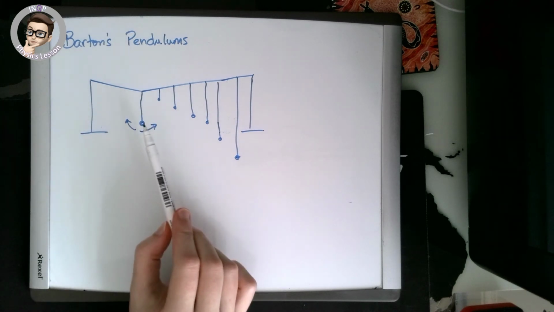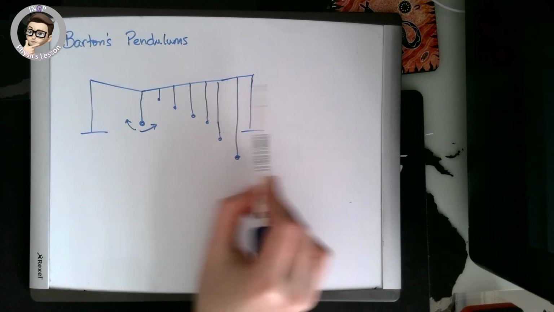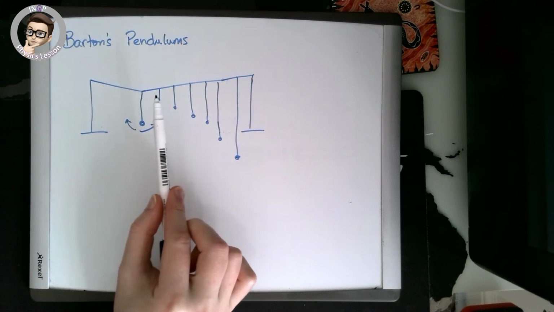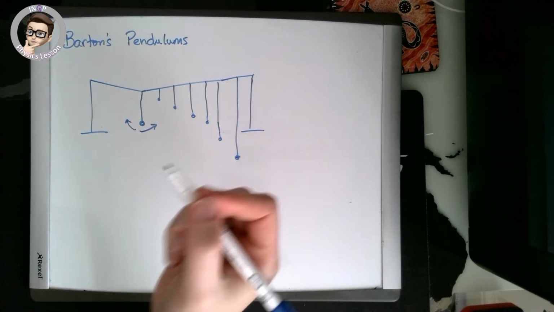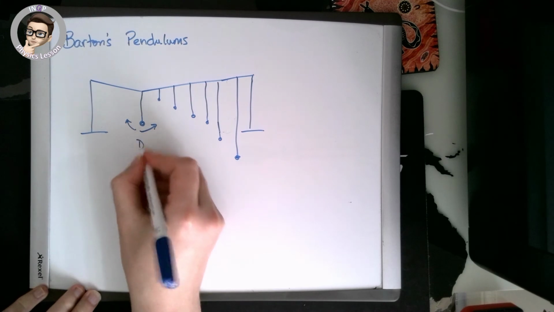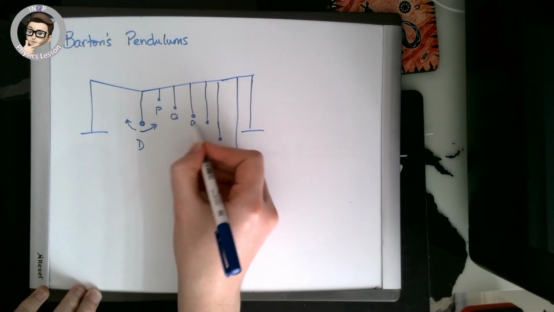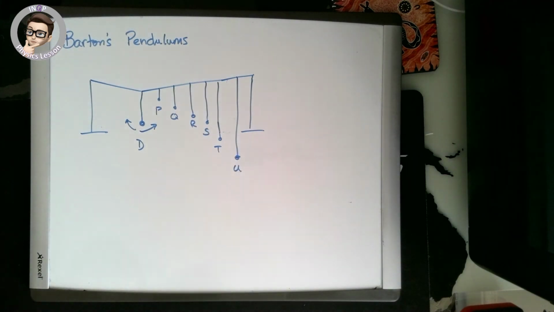Because as this pendulum moves backwards and forwards, it's going to cause a torsion on this wire or this thread, which is actually going to cause a driving force to each one of these other pendulums. And if I label them, I'm going to label this one the driving pendulum, D, and we'll go P, Q, R, S, T, U. Now, we've got a little video to watch here, which we're going to watch together.